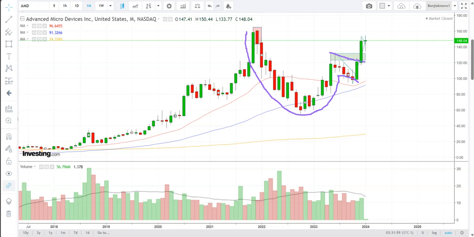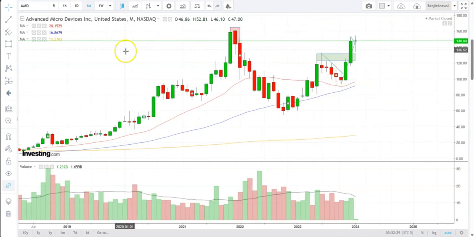Okay, yeah, this will be the base of the cup, rounding and goes back up and drifts lower and then breaks out. So if you know a bit about technical analysis, I hope you saw the cup with handle pattern.